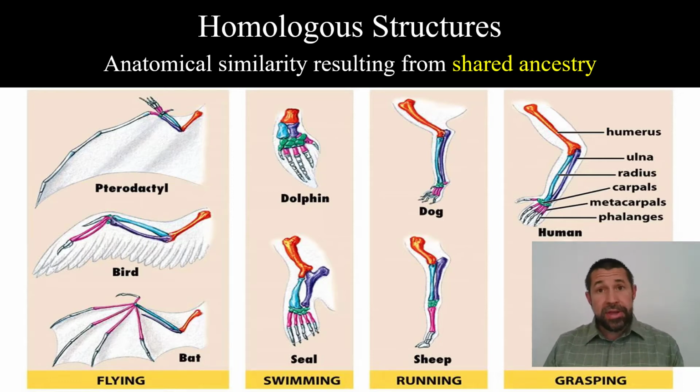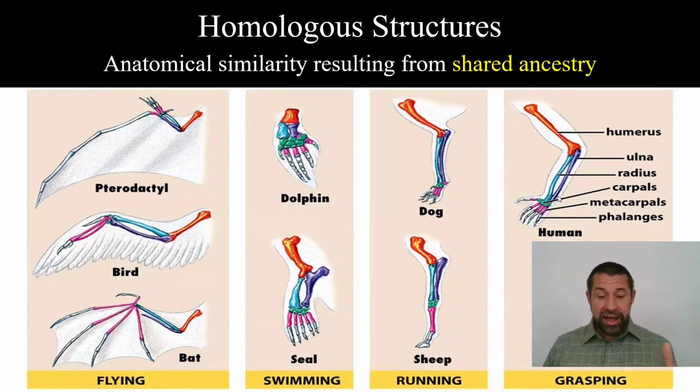When we look at the anatomy of a vertebrate forelimb, an arm in a vertebrate animal, like a human here, we see an upper arm bone, the humerus. We see the rotating radius, the ulna, the wrist bones, and the phalanges, the fingers, right?